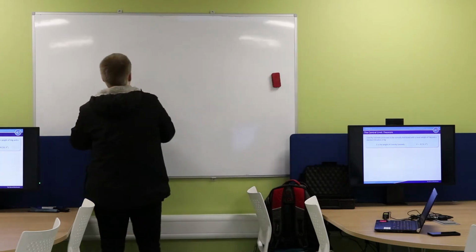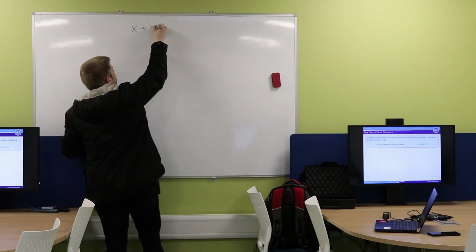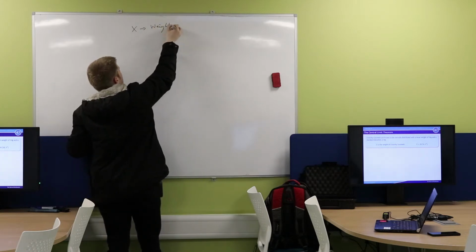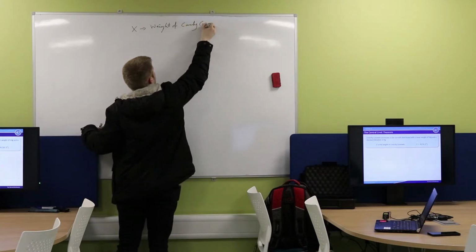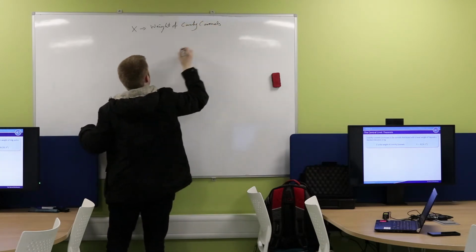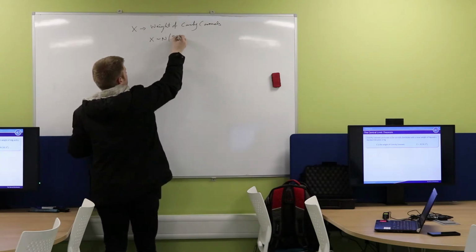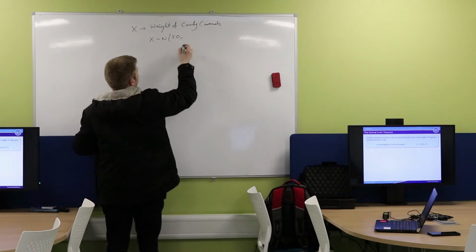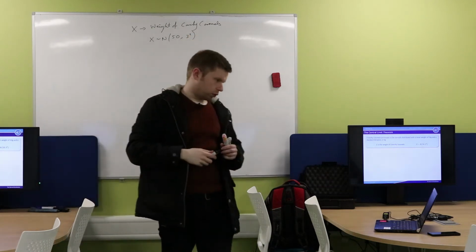Okay? So here we go. You've got x is the normal distribution that represents the weight of crunchy caramels. And you're told that x is normally distributed, so the weight is normally distributed with an average mean weight of 50 grams and a variance of 3 squared grams. Okay?